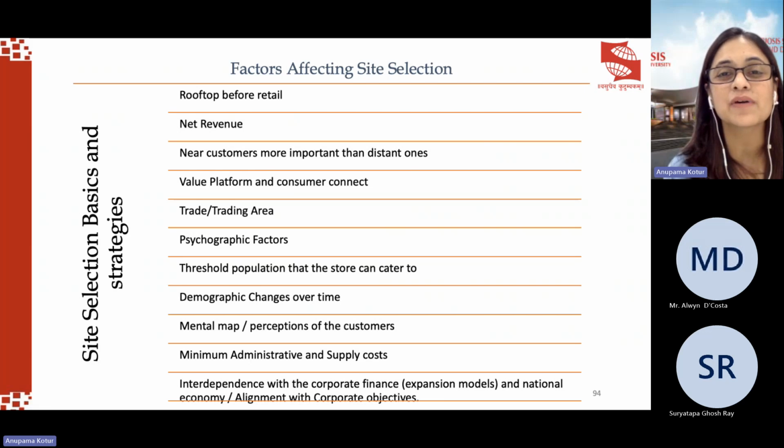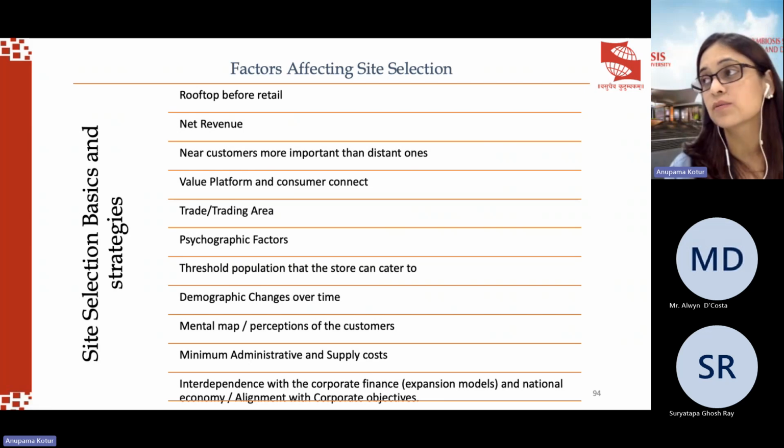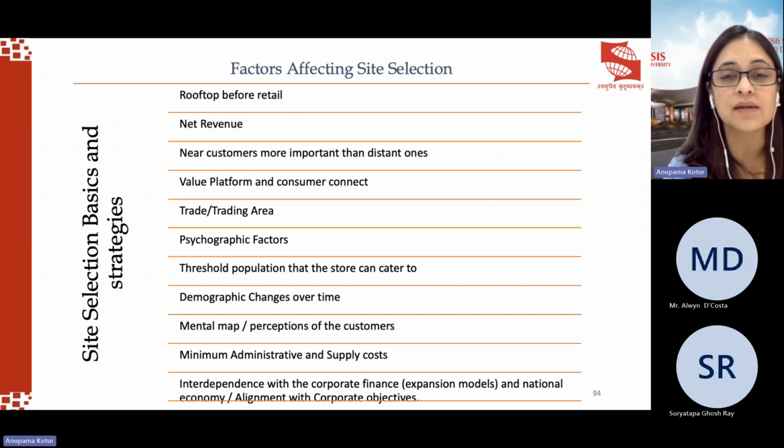Does it assure me of continuous revenue, eventually resulting in profitability? Right? It's important that every business understands the revenue potential that a location offers. How do we calculate that? We have some numericals to help you understand that. We'll see that as we go along.